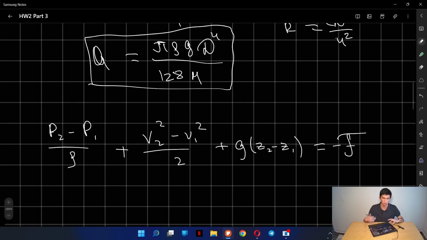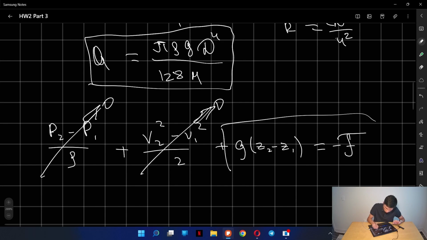Our flow is not driven by the pressure, right? So that's going to be equal to 0, and this is also going to be equal to 0. So we're going to consider only this part, right? And as we were saying, our delta z is negative, the negative of the length.